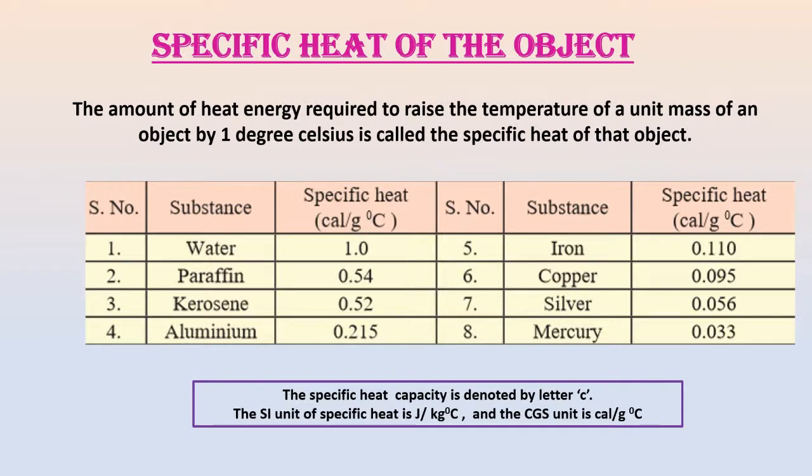The specific heat for iron is 0.110, for copper 0.095, silver 0.056 and mercury 0.033. And this table is there in your textbook, you can refer to it.